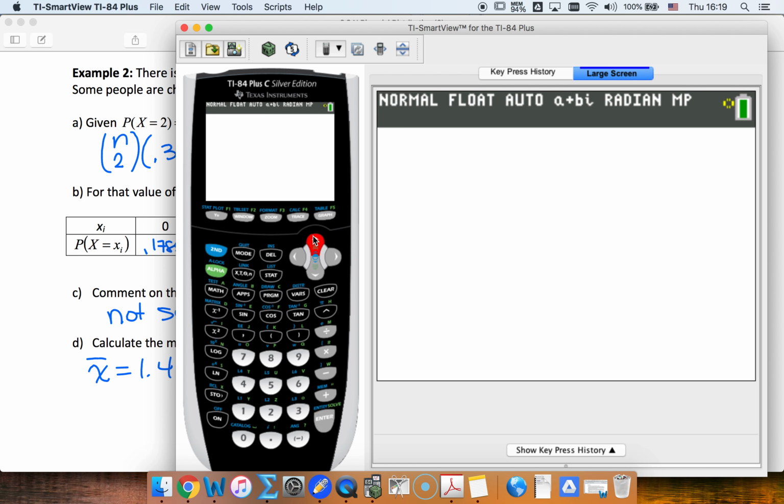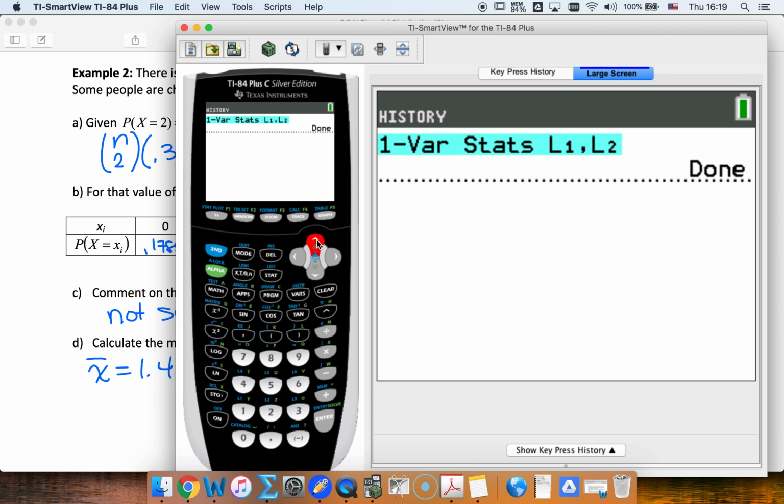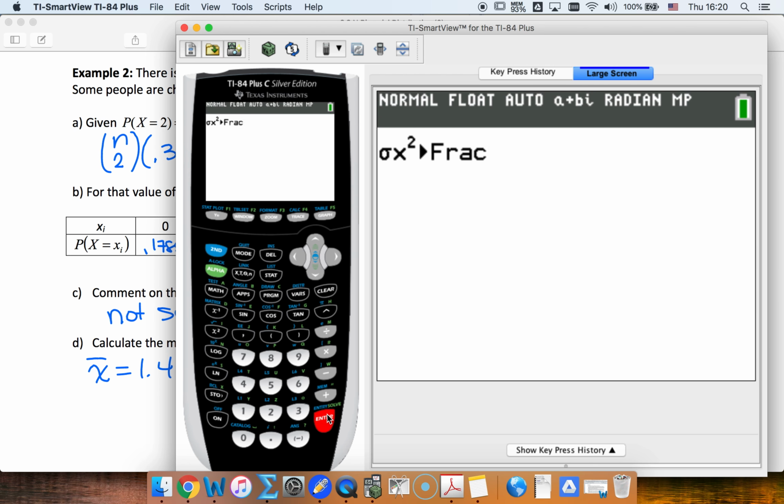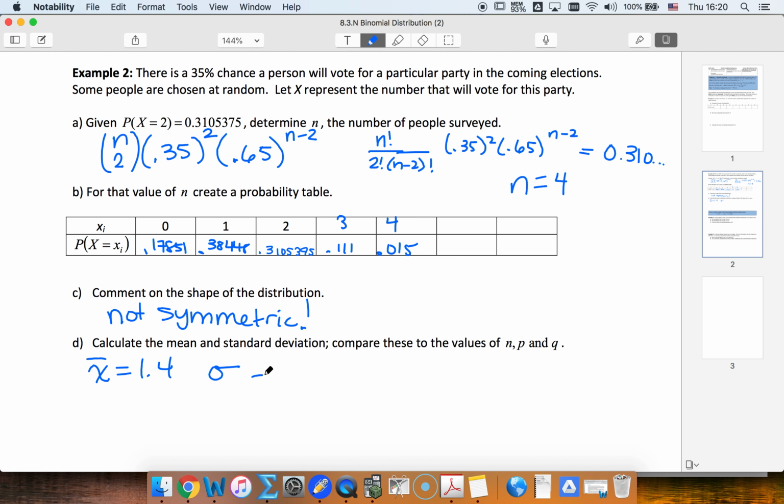So I can go up. Oops, let's go down, copy this one. And I get square root of 91 over 10. Or, again, we had that as root 91 over 100 if we kept it all the same way. So my value of n was 4.